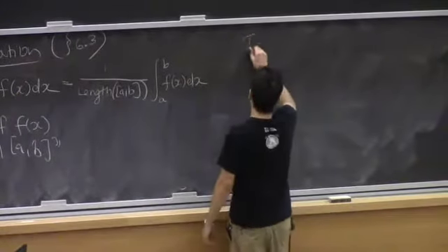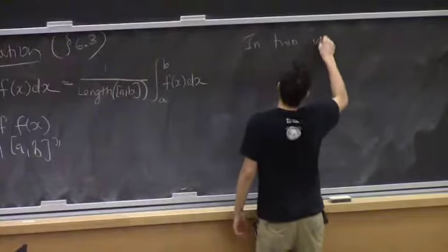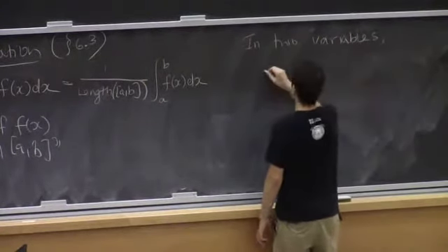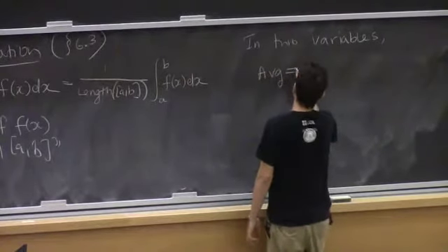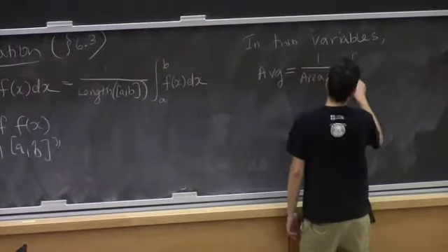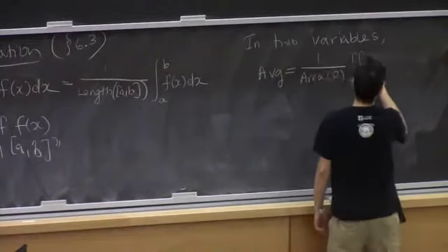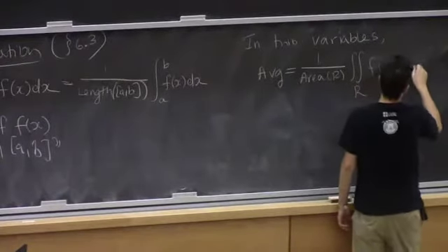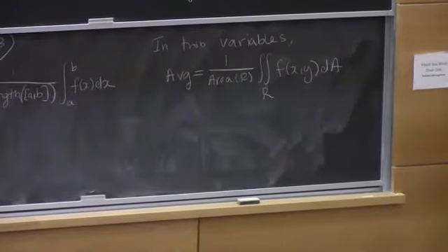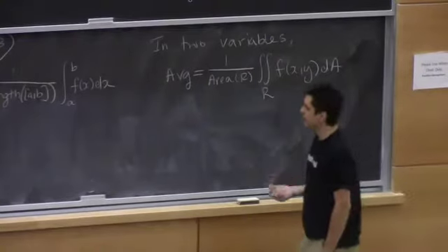So that the average should be the amount of area that we're running over times the value of the function. Okay.